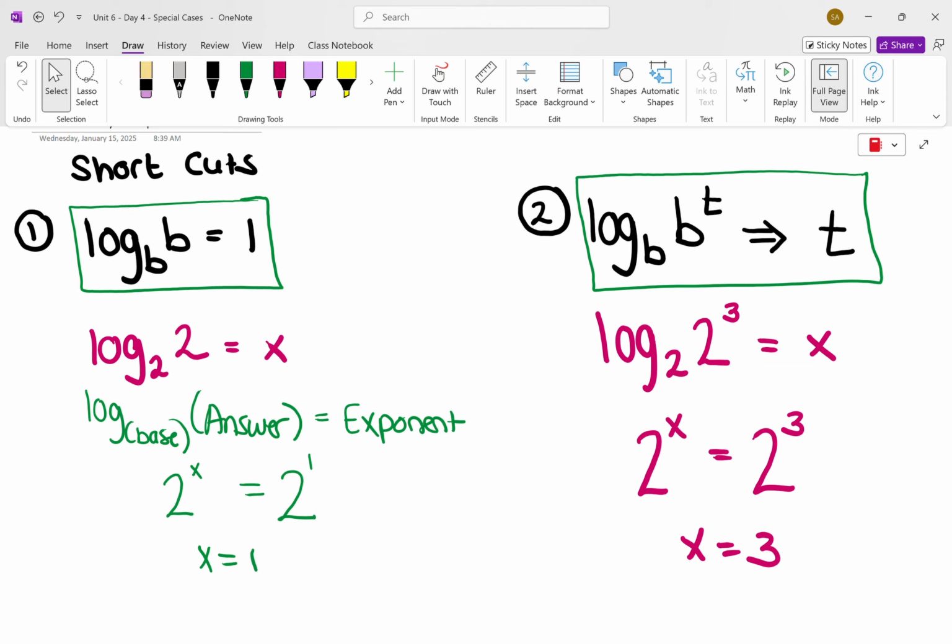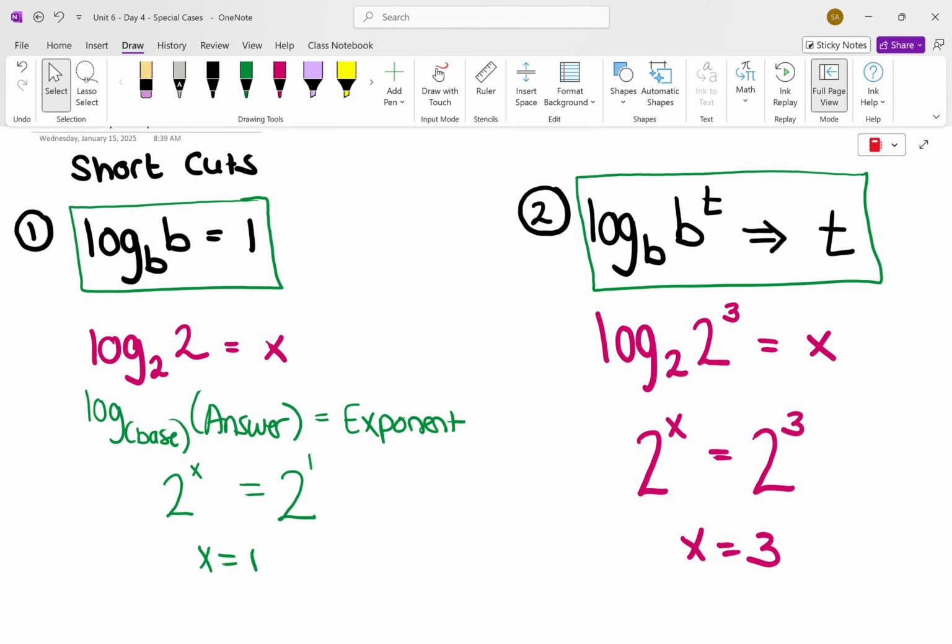What's wrong, Kelly? How would it be 1, for the first one? I showed you in the example. Anytime we have the log with a base the same as the argument, it will always simplify down to 1. An example would be log base 2 of 2 equals x. Let's put it back into exponential. Remember, in exponential, it's log, base, answer equals exponent.